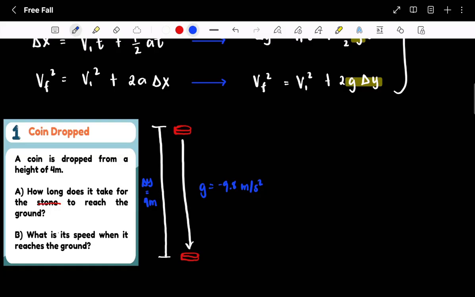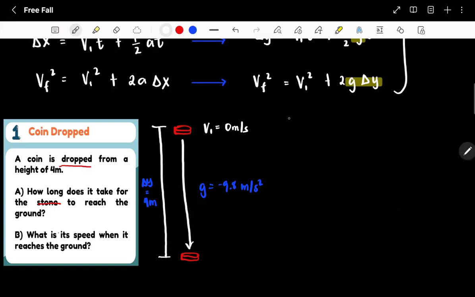If you think about it, there is also another variable that is not stated as a number, but if you read the question properly, you should be able to note what that value is. That would be the velocity initial. Since the object is dropped, we can assume that the velocity initial is 0 meters per second. Note that this is not stated as a number, but this should be identified by you. Okay? So, given these variables, let us solve the problem.